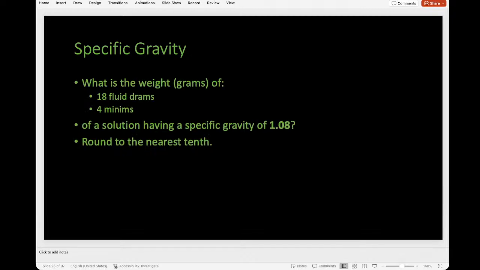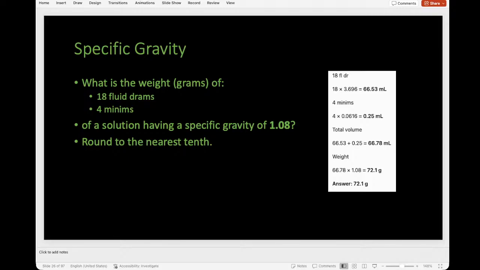And you can see here, what is the weight in grams of 18 fluid ounces and 4 minims of a solution having a specific gravity of 1.08, and you would round to the nearest tenth. And you would do your conversions. You would convert them all into milliliters, and then you would find out what the weight is.